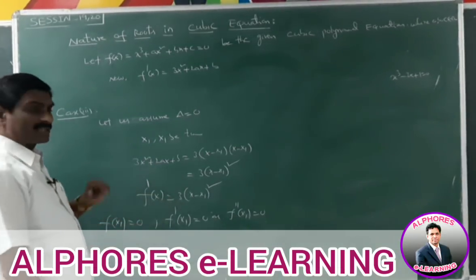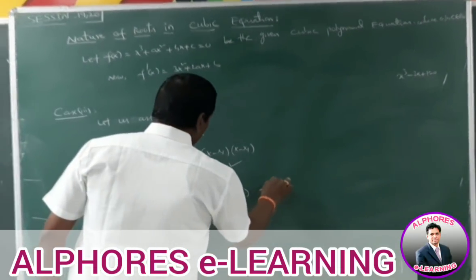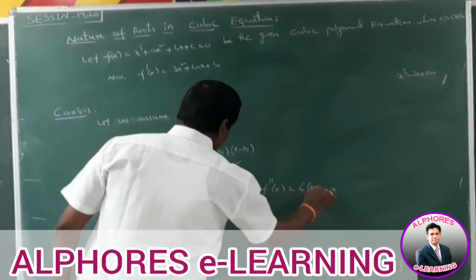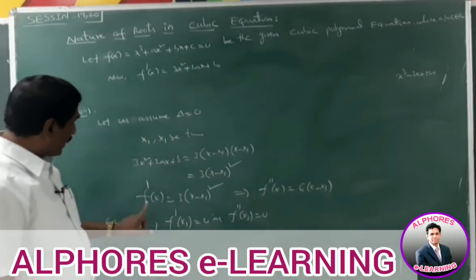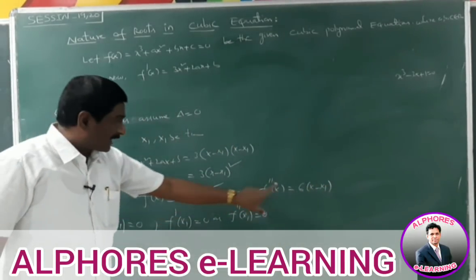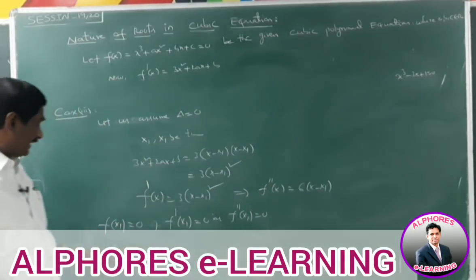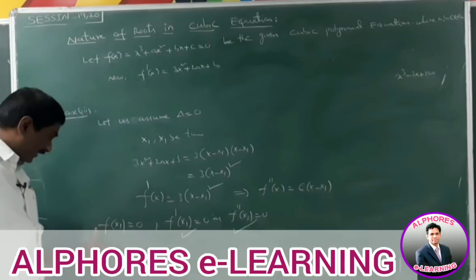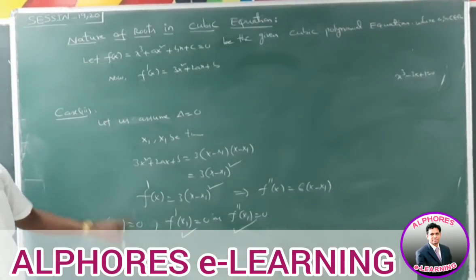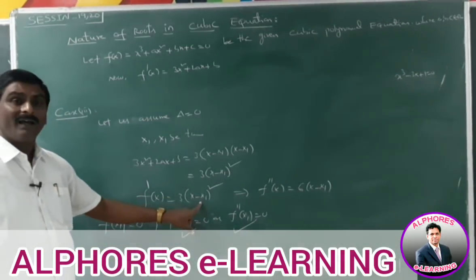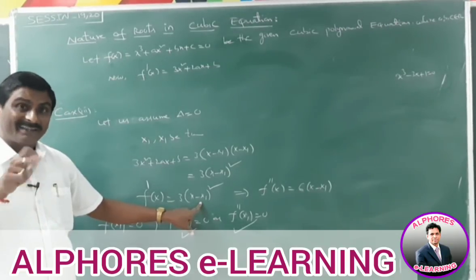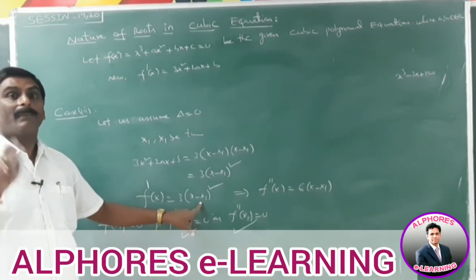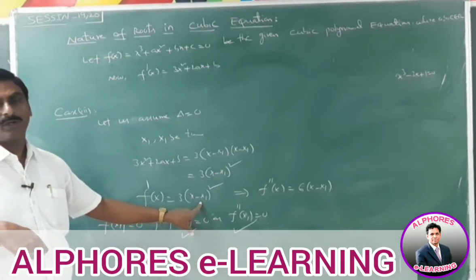Here f dash x is equal to 3 of (x minus x1) whole square, f double dash x is equal to 6 of (x minus x1). So f dash x1 is equal to 0, f double dash x1 is equal to 0. If f of x1 is also 0, then x1 is one of the roots and it is repeated 3 times.